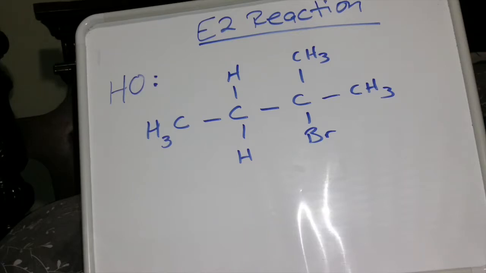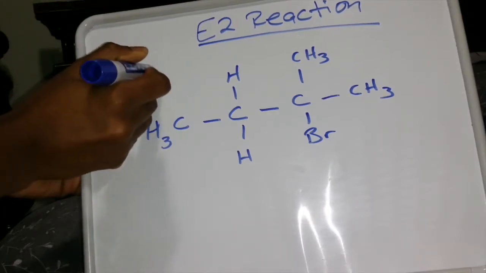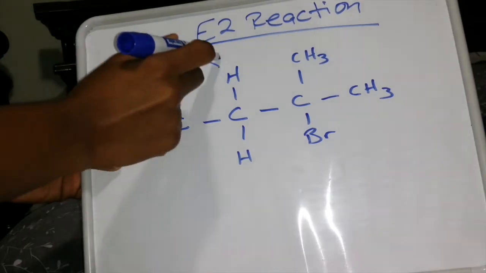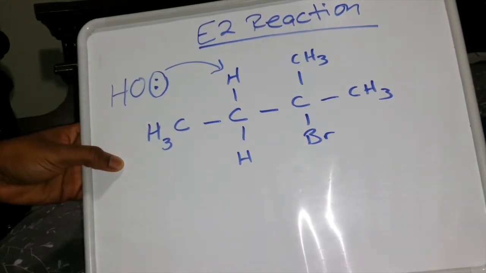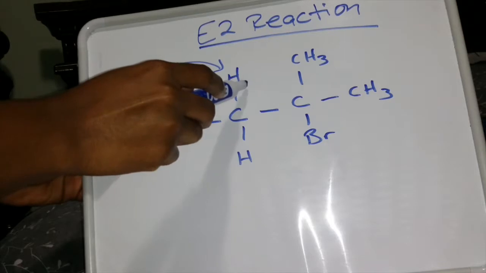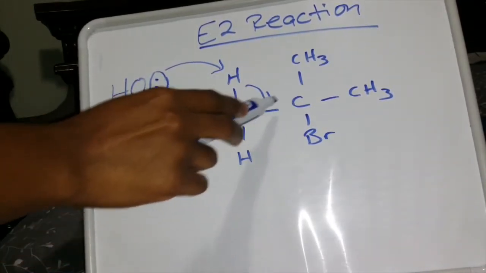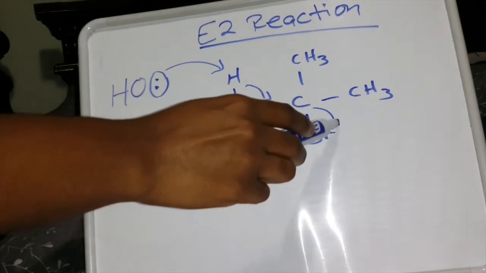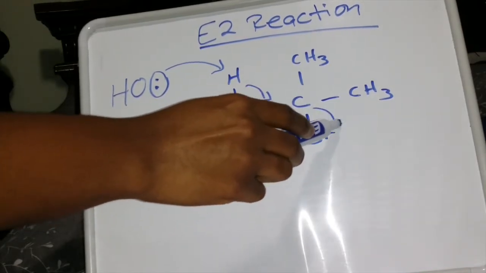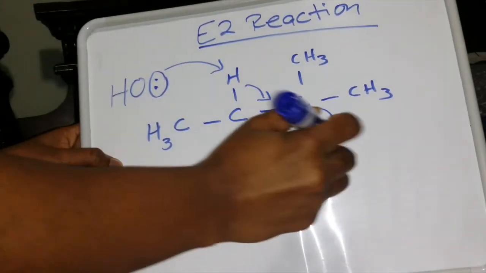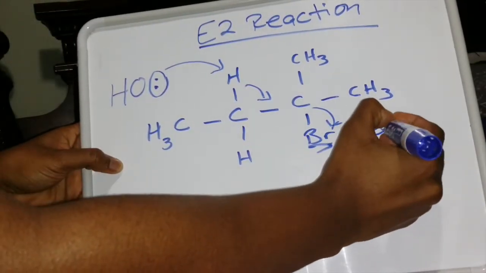For example, we have OH as a strong base and it has two unshared electrons that are going to attack the hydrogen. The hydrogen is then going to form a double bond between these two carbons. The electrons are going to flow along and eventually go to Br, causing the Br to become the leaving group.